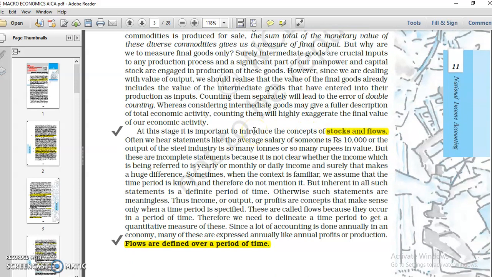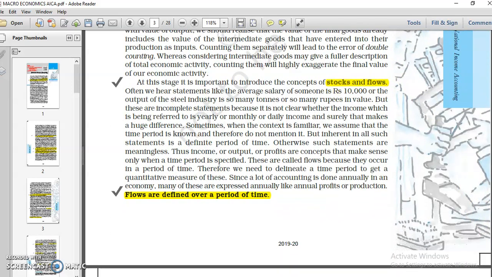After understanding the meaning of final goods, intermediate goods, consumer goods, and capital goods, now let's see what stock and flow are. We already discussed this in class. Stock is any variable which is measured at a particular point of time. For example, the money you put in your bank account.